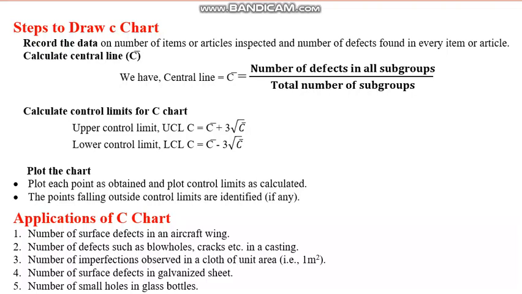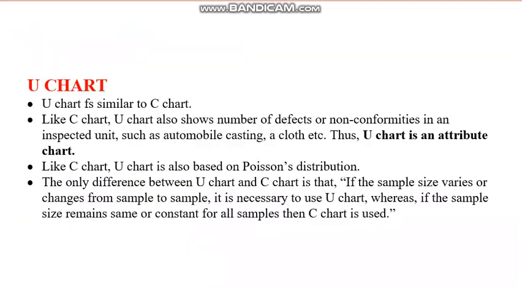And the number of small holes in glass bottles: if glass bottles are being manufactured, bubbles may come in the glass, like small holes. Bubbles are not desirable, so to bring control into the process, you may use C chart there.